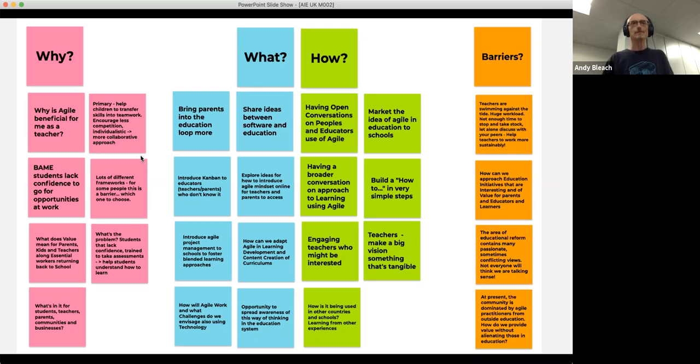But I think one very obvious thing, which is obvious right from the start, is that we get a lot of interest from a lot of people, but mostly from people who are Agile practitioners, and less so from teachers.